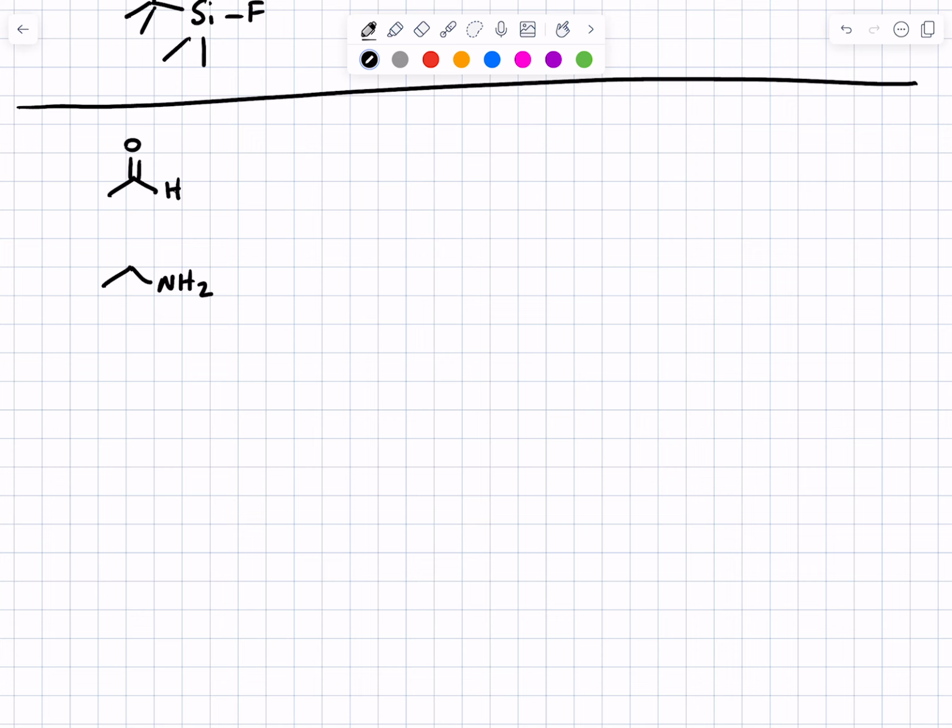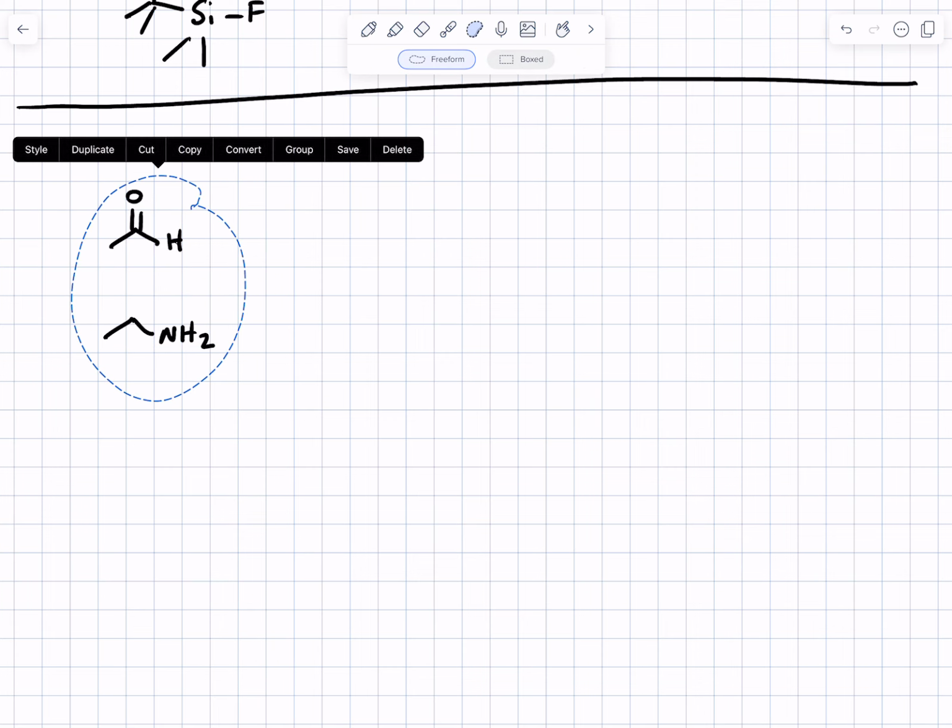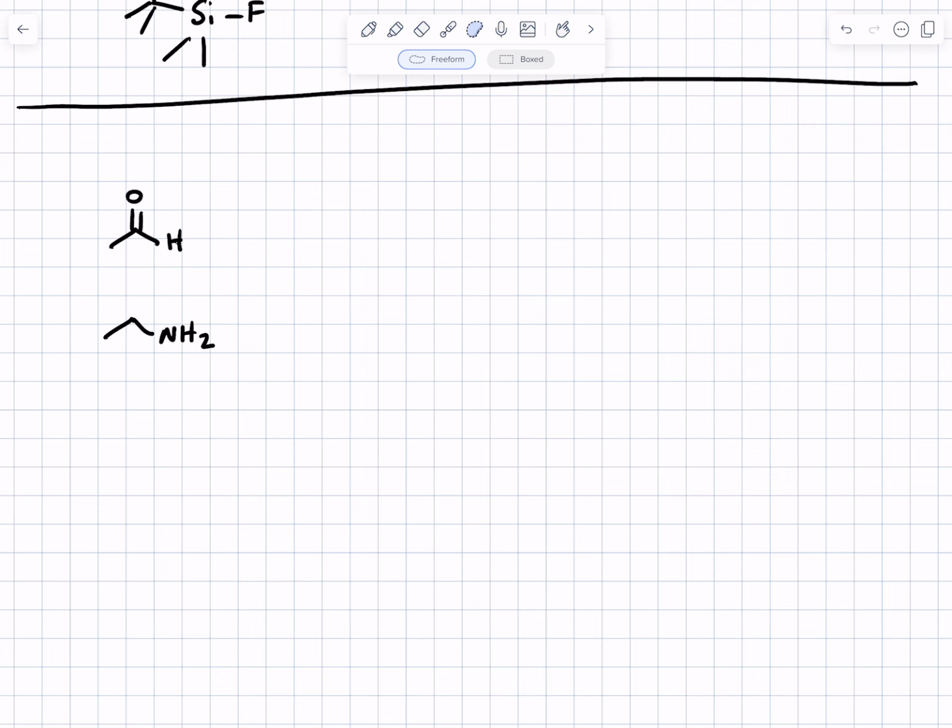Your text will show a mechanism here for this reaction that is perhaps a little simpler but less realistic. Sometimes in science, as we teach you new concepts, we oversimplify. This is a case where I feel like it's useful enough for you to know what's actually going on that we're going to talk about it.